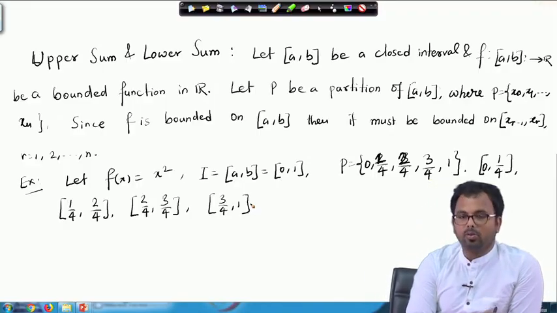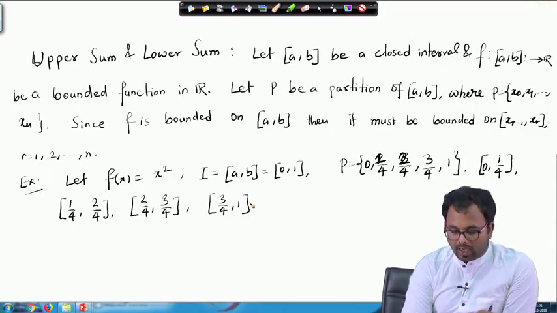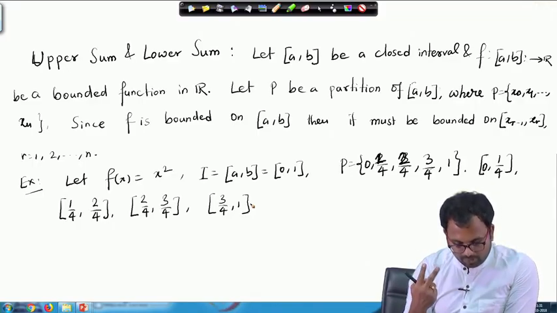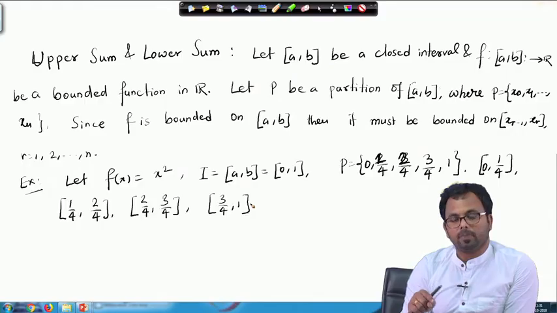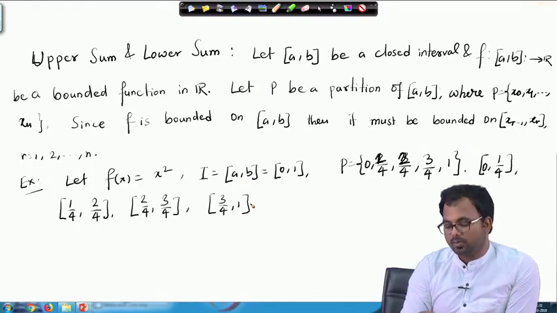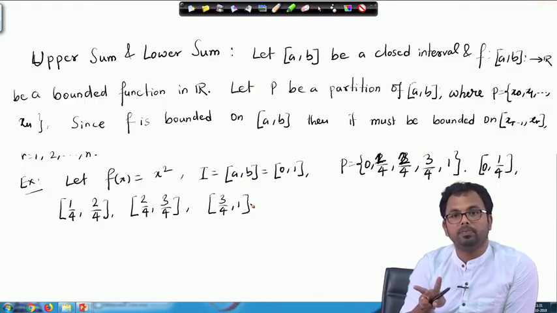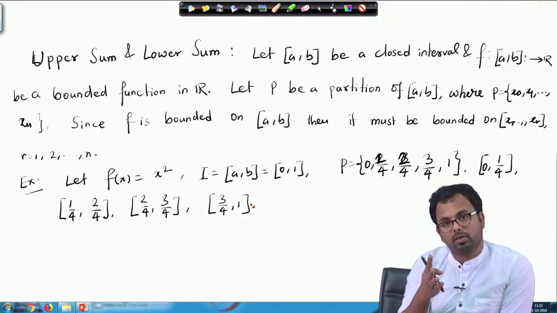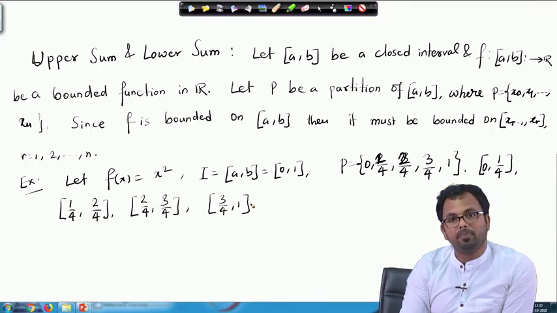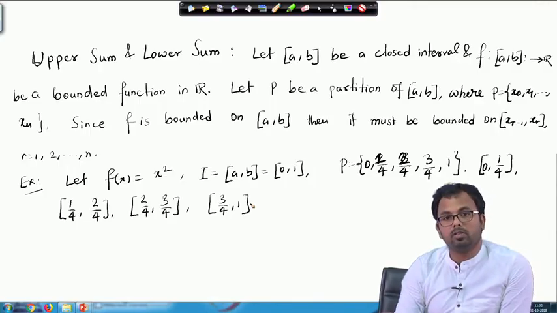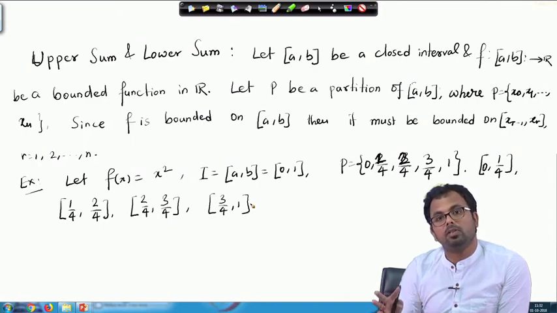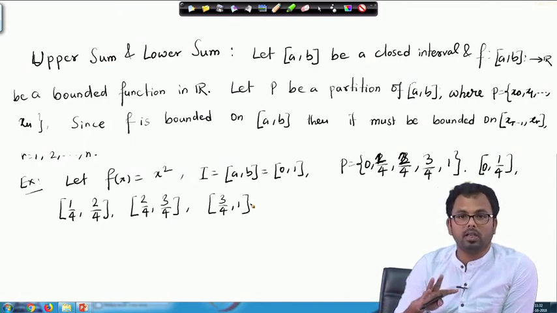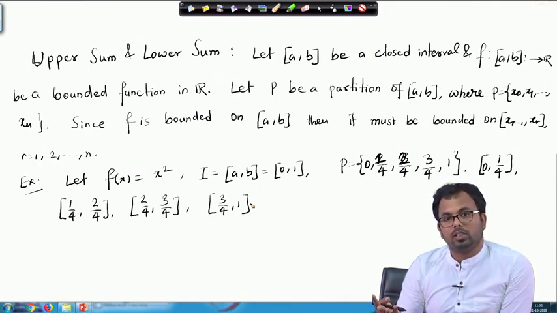So, a similar condition holds here as well, and from here we can also see that if the function f is bounded on the entire interval [a, b], then you have an upper bound and a lower bound for this interval. However, if you consider these subintervals, then on each of them you have an upper bound and a lower bound.